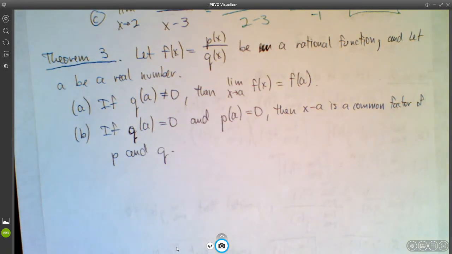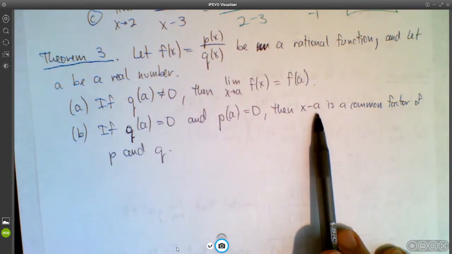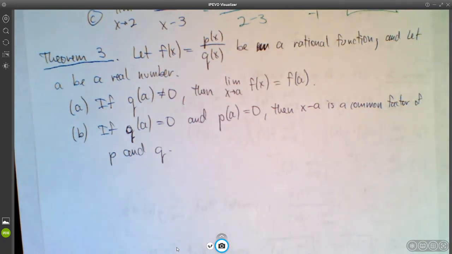So if the denominator is 0 but the numerator is also 0, then x minus a is a common factor of p and q. What we can do with that then is factor out the x minus a from the numerator and the denominator, and then cancel it off.